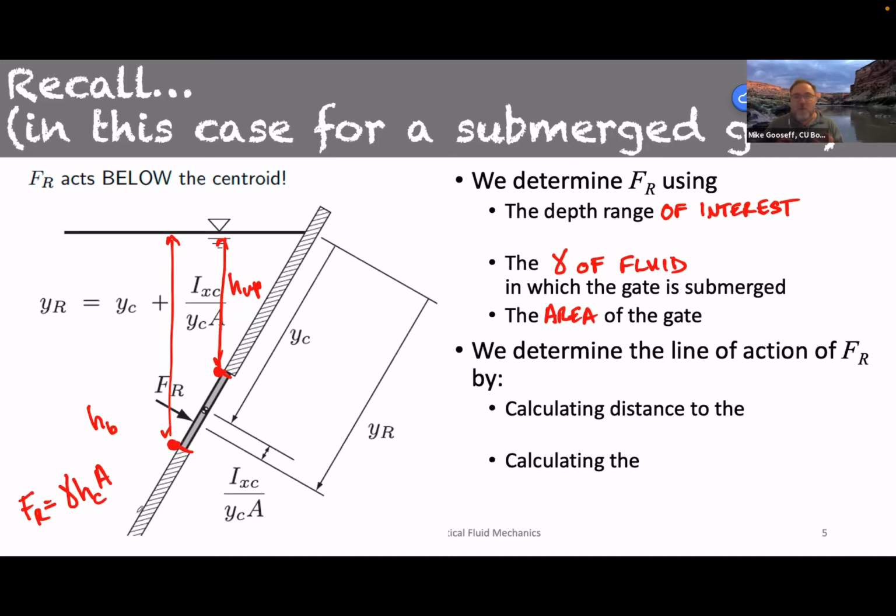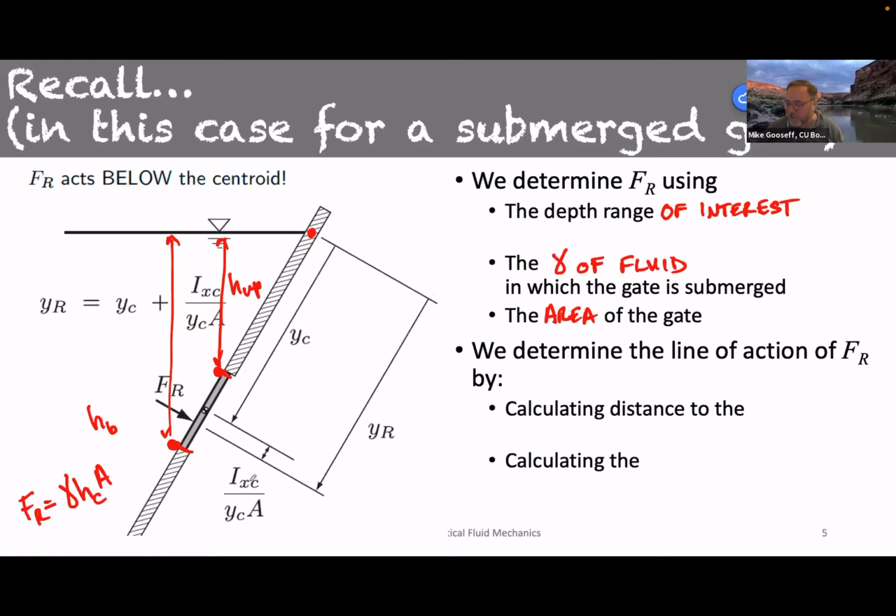When we determine the line of action, that's a little bit different. Now we are on the outside of this and we are looking from this point down. We calculate y sub c to get down to the centroid of the shape, but that's not where the line of action is. Because we have that increasing pressure with depth, F sub R actually acts a little bit deeper than that, all right?